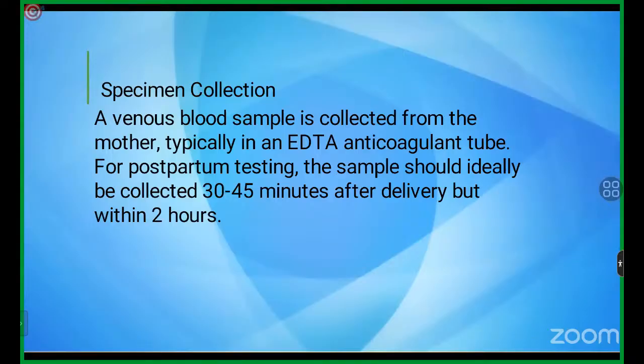We get a blood sample, usually collected in EDTA from the mother. This sample should be collected 30 to 45 minutes after delivery, but must be done before 2 hours elapse. So this is very key.